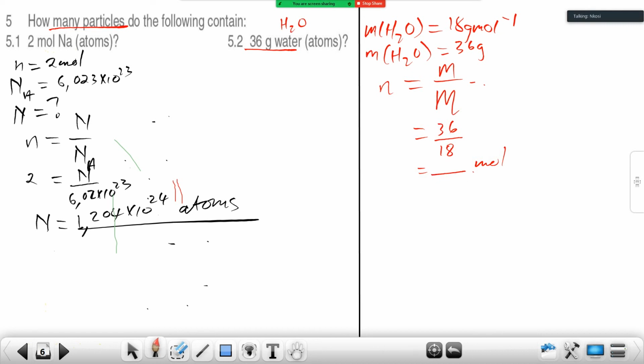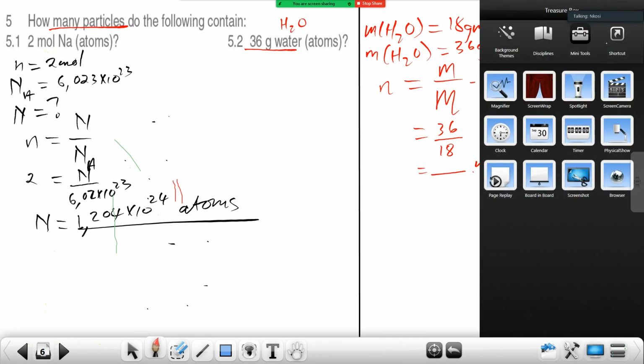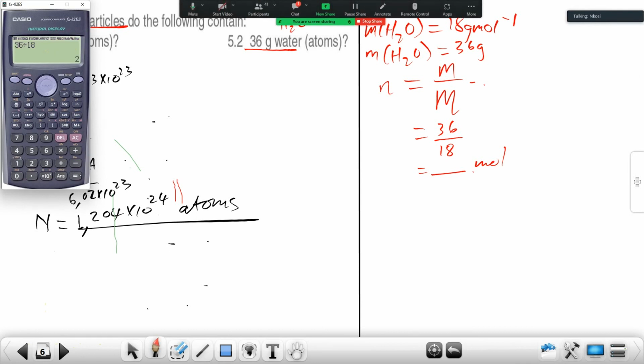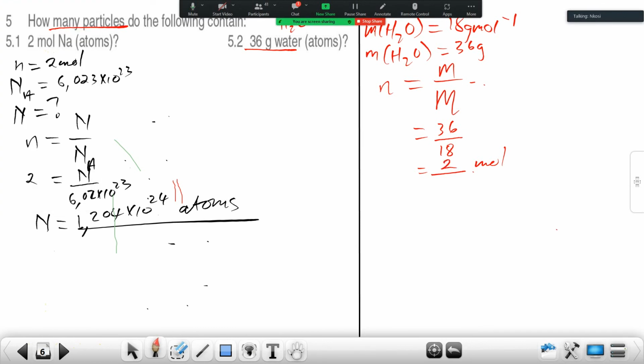Then it will give me the number of moles. So let's take a calculator. It's 36 divided by 18. It will give me 2. That is 2 moles. But the question wanted the number of atoms. So I must now relate the number of moles with the Avogadro number.